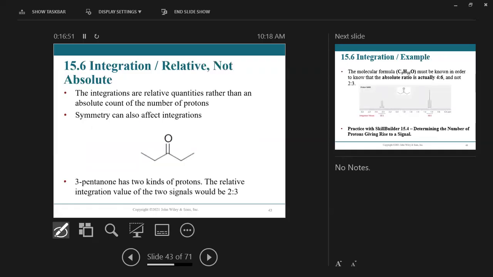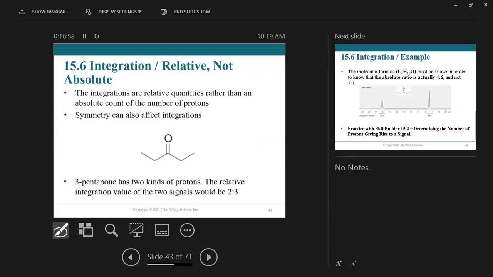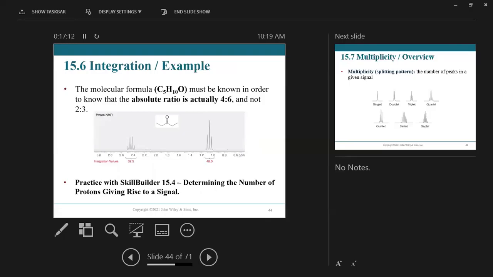So the integrations are relative quantities rather than an absolute count, because we're not going to count, oh, we have 3.12 protons. So the symmetry can also affect the integrations. So we're looking at that last compound right here.